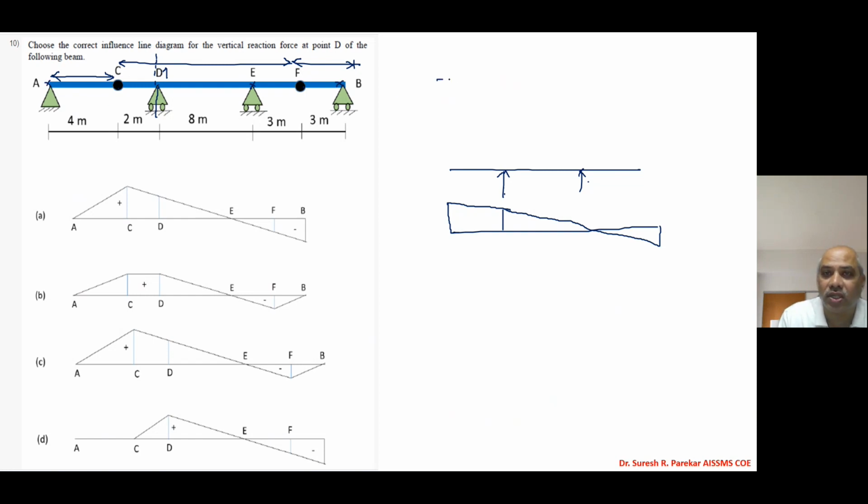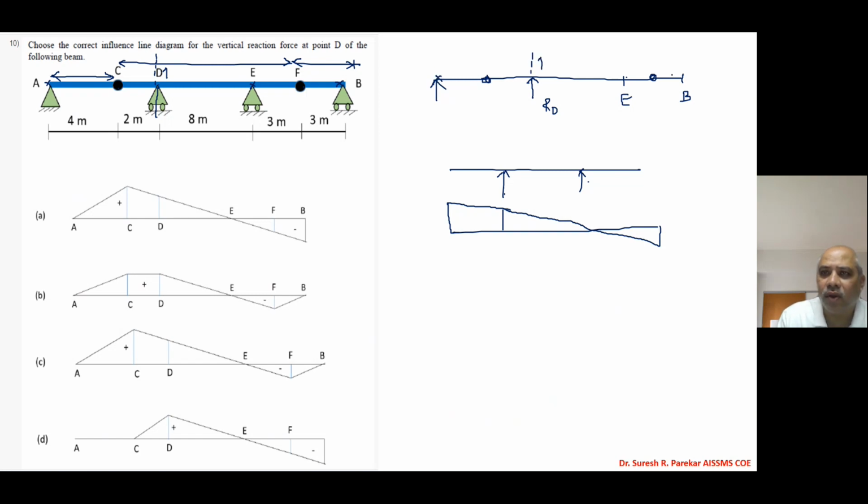So try to understand the problem which you have to solve. So this will be RD, then this will be E, then this will be B, then we have an internal hinge over here, another internal hinge over here, and this as RA. So now I have to find D. It will go up with value 1 over here.